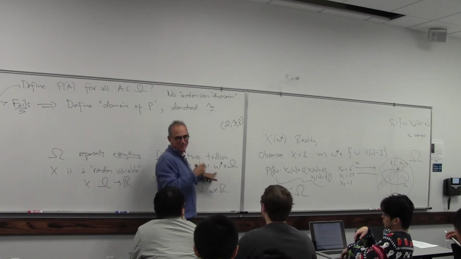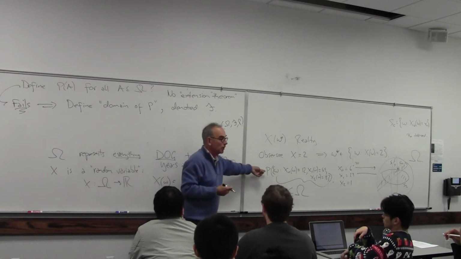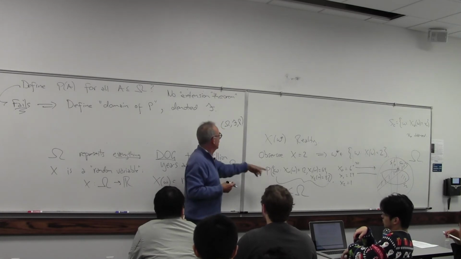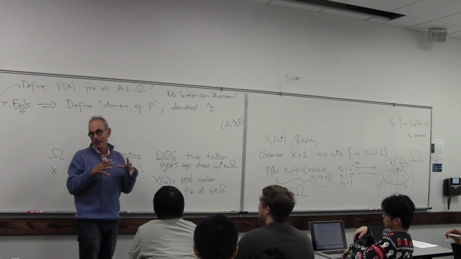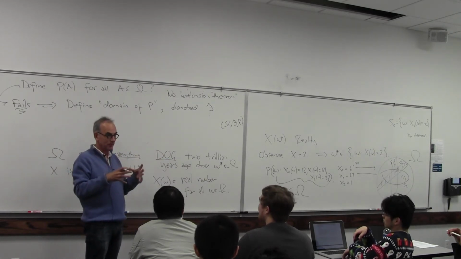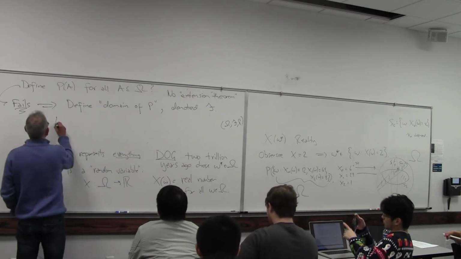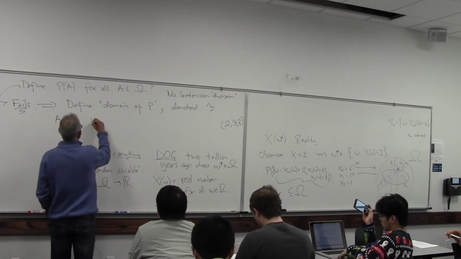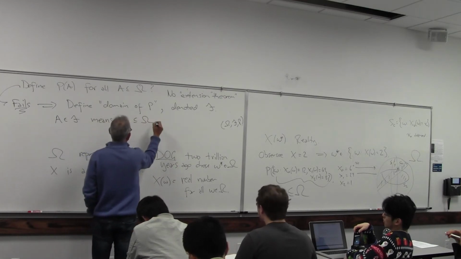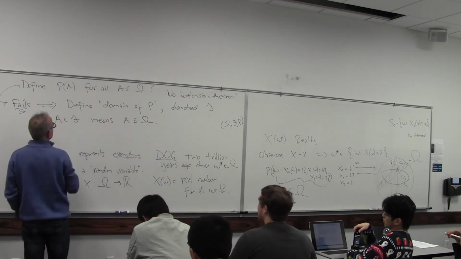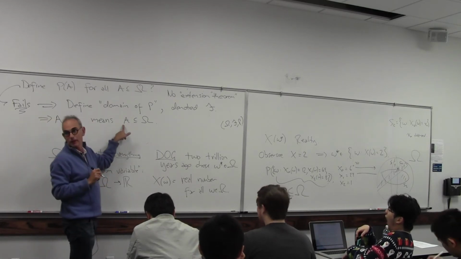Omega star is reality. So omega is easy to describe, and P is easy to describe. We want to know probabilities of events like that. But F is a thing that scares people. It's just the domain of P, and P is defined on subsets of omega. So F is a collection of sets, because I'm only looking at probabilities of subsets of omega.